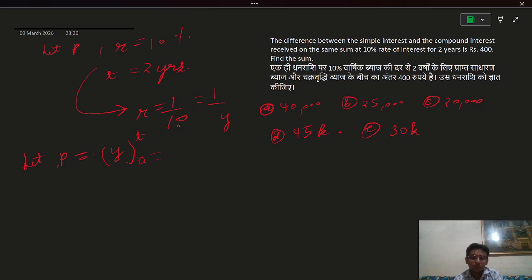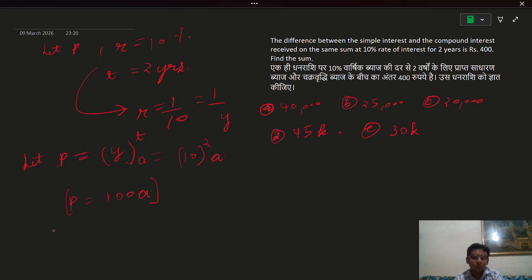If r is 1 by 10, let's name it 1 by y. What will be the value of y? The value of y here is 10. The time is 2 years. Multiply it by a. So the principal we assumed as 100a.